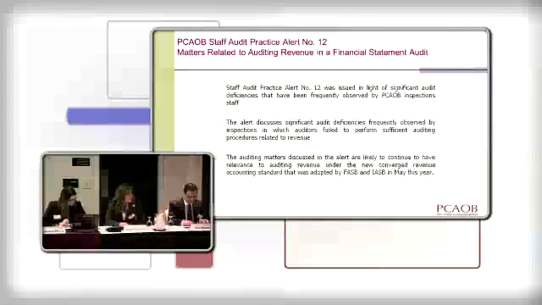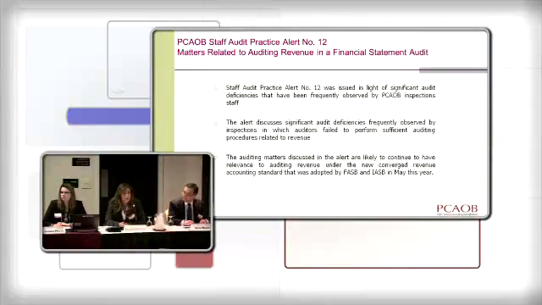PCAOB inspection reports have consistently identified revenue as one of the most common areas for audit deficiency. Now, the nature and frequency of these deficiencies were not isolated to any particular size firm. They ran across large firms, small firms, international firms, domestic firms, and varied across issuers' industries. So it cuts across the whole spectrum.